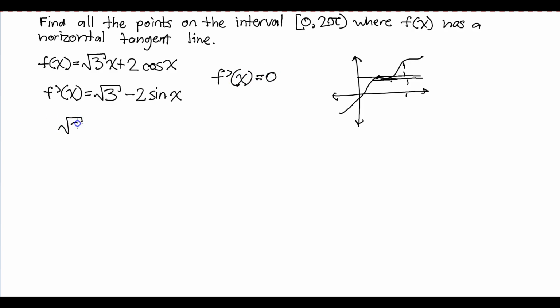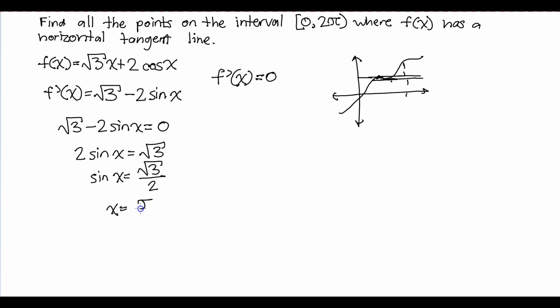So root 3 minus 2 sine of x equals 0. We can add 2 sine of x to both sides: 2 sine of x equals root 3, so sine of x equals root 3 over 2, and x equals pi over 3, as well as, not 4 pi over 3, 2 pi over 3.